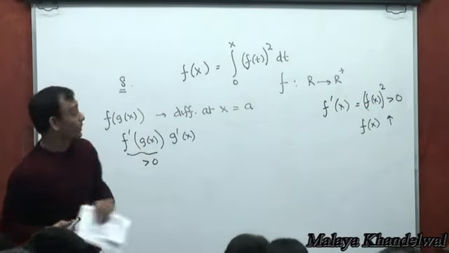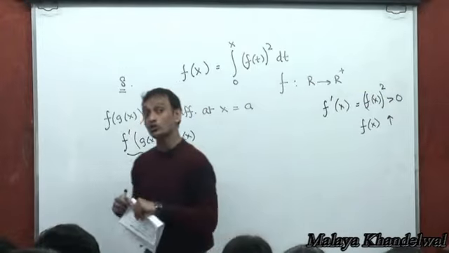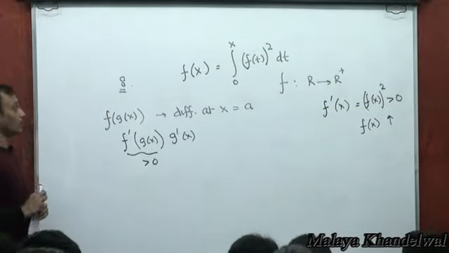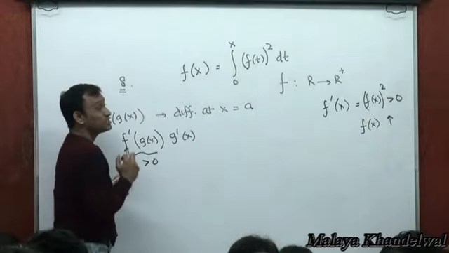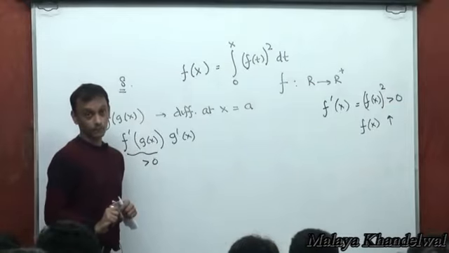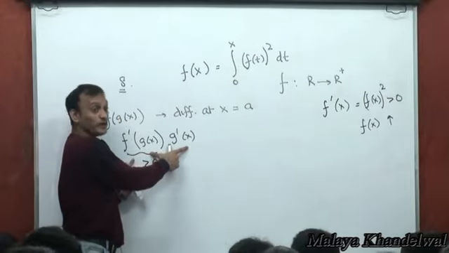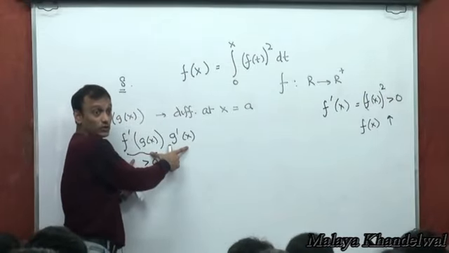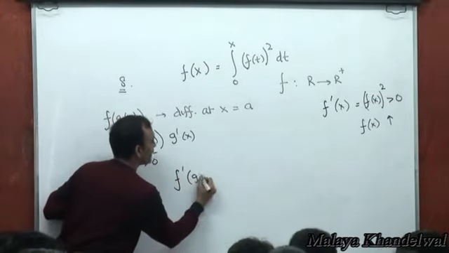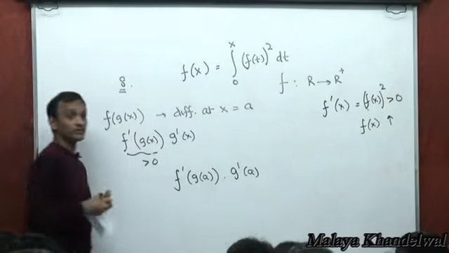Now, evidently, if g x is not differentiable, then this will not be a differentiable function at x equal to a. See, at x equal to a, we have f dash g a into g dash a.